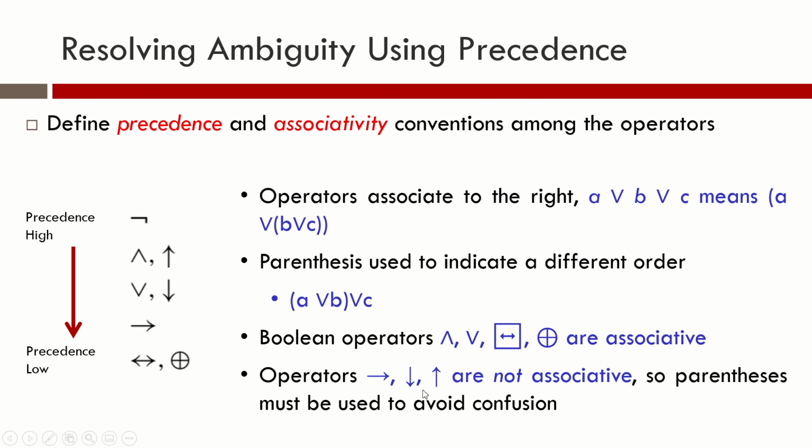There is no implicit associativity when we are using implies, NOR or NAND operators. So that is how to resolve ambiguity using precedence.